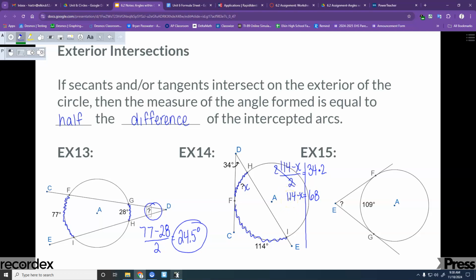And the 114 is positive, so we'll have to subtract 114. Which is weird because we get a negative number whenever we do that. What do we get? Negative 46. But this negative right here is still with our X. So if negative X equals negative 46, we divide both those by negative 1. Positive X equals positive 46. So we get 46 degrees.